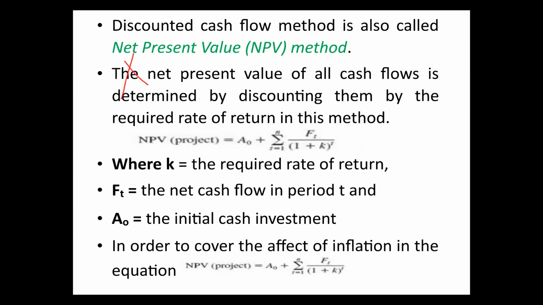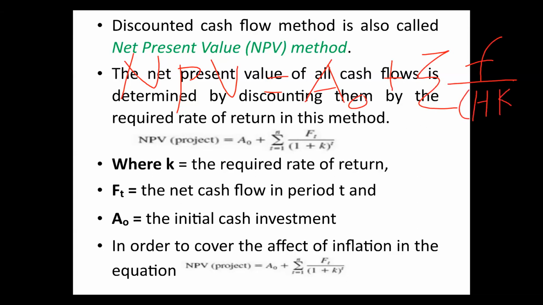So the net present value NPV of the project is A0 plus the summation of the future values divided by (1 plus K) to the power t, where K is the required rate of return, Ft is the net cash flow in period t, and A0 is the initial investment. When you sum these discounted cash flows and then subtract the initial investment, what you get is the net present value.